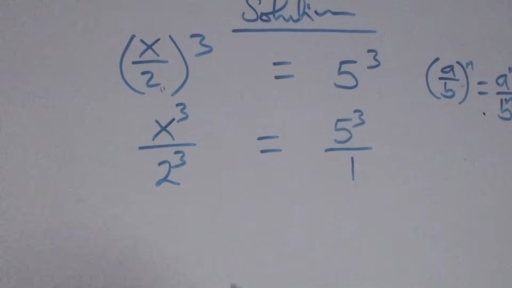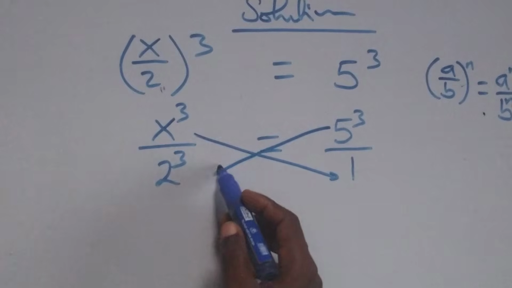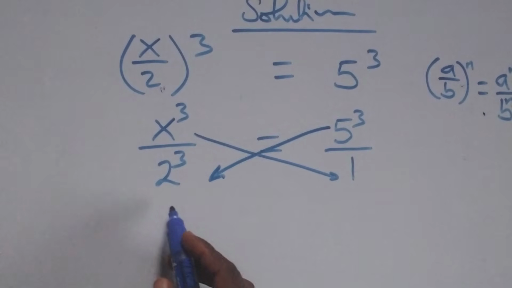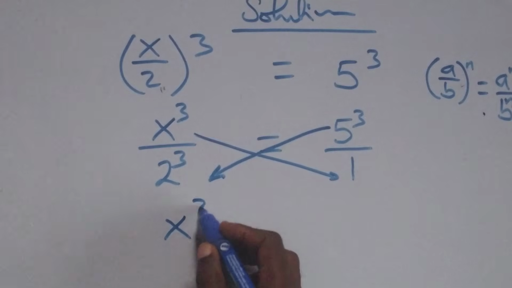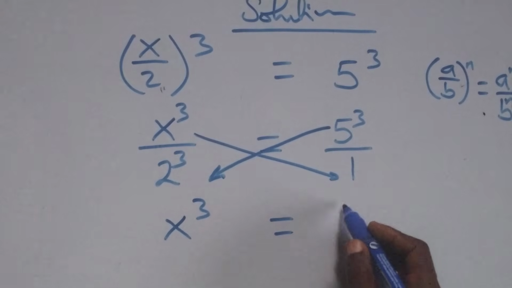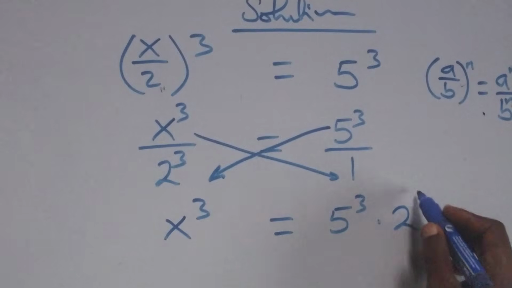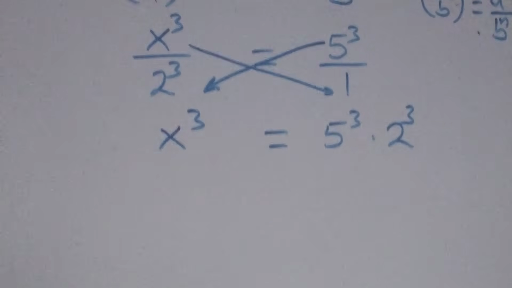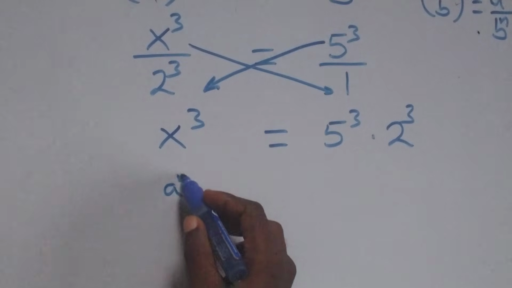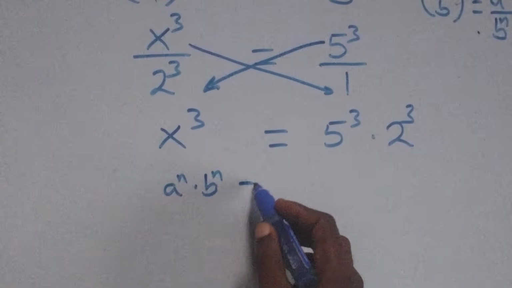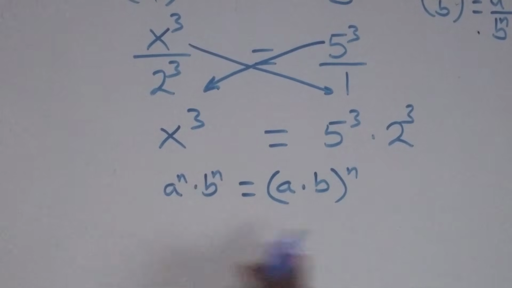Then, next step, we cross multiply: x raised to power 3 times 1 and 5 raised to power 3 times 2 raised to power 3. So we have x raised to power 3 times 1, same thing as x raised to power 3, equals 5 raised to power 3 times 2 raised to power 3. And from here, from the law of indices, a raised to power n times b raised to power n is the same thing as (a times b) raised to power n.